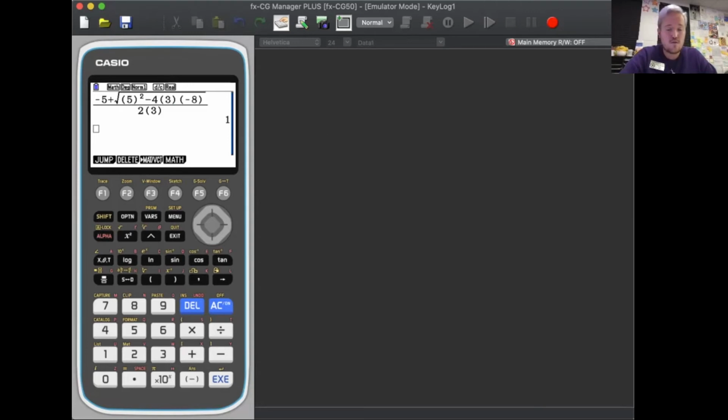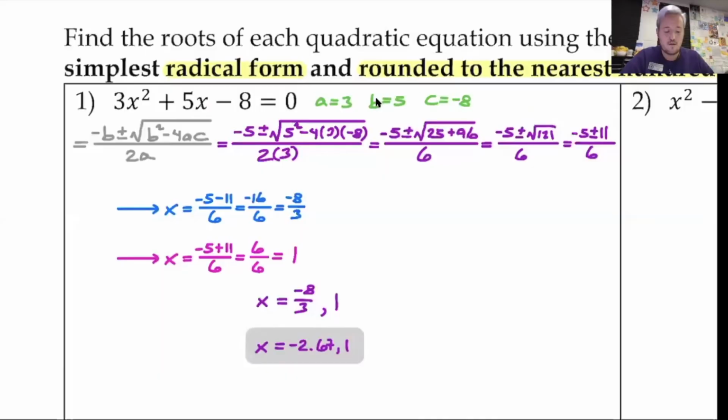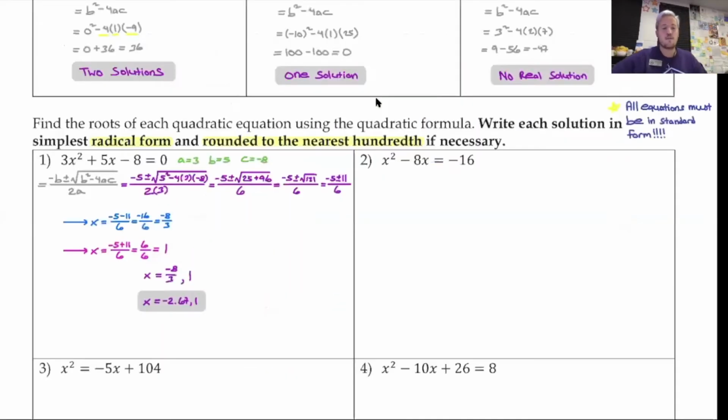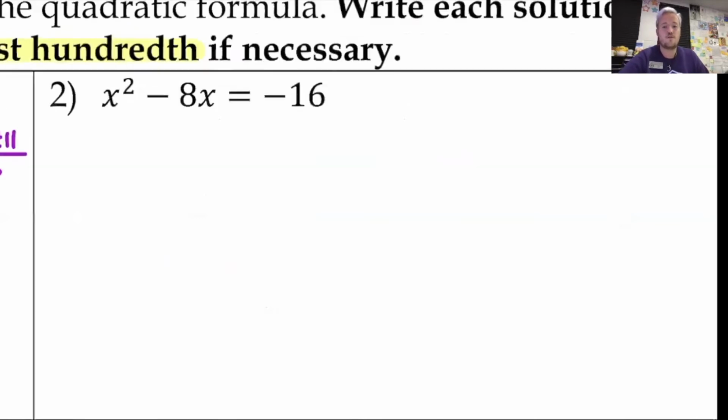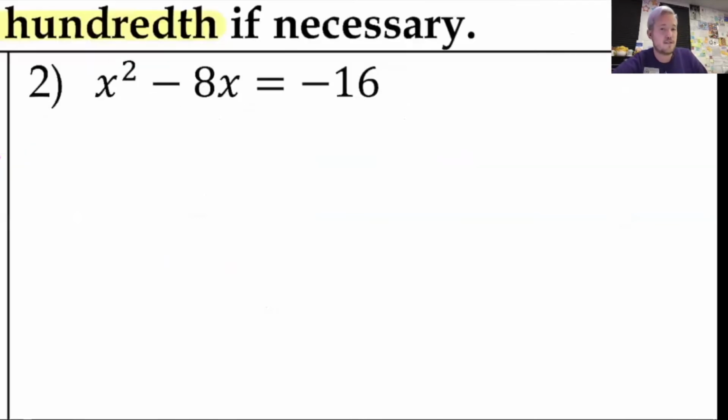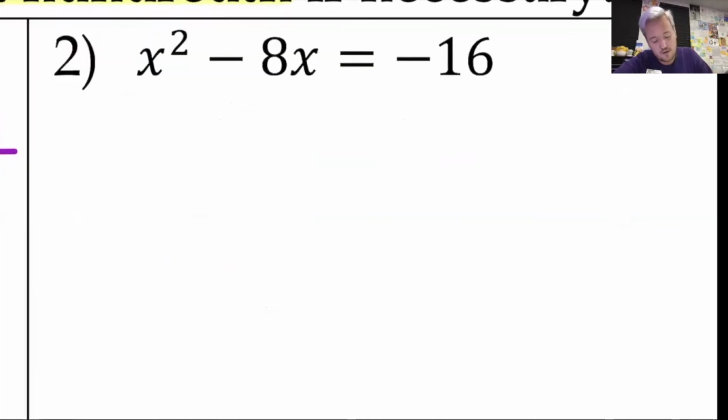All right, so going back over here. I'll just do the iPad on that one, or the Casio on that one. The rest of these I'm going to solve by hand with the assistance of a calculator. So for number 2, if you look and notice, this one's not even in standard form, so we have to convert it first.